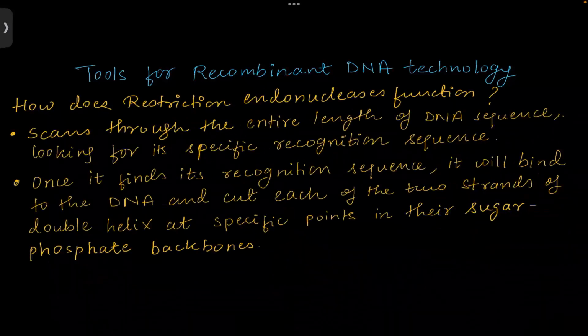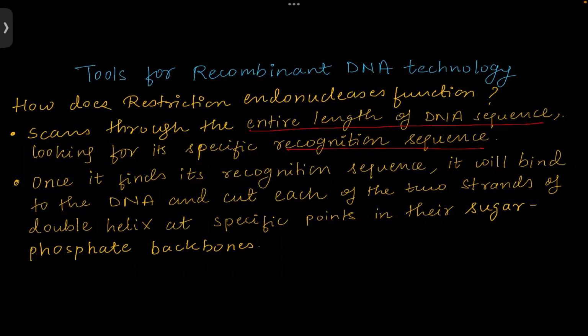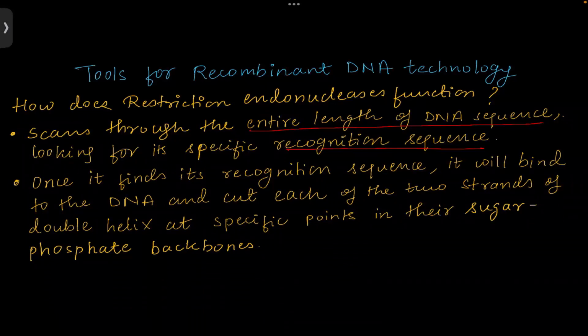Now, how do restriction endonucleases function? How do they work? First and foremost, they scan through the entire length of the DNA sequence to look for their specific recognition sequence. First, it has to find where its recognition sequence is present within the entire length of the DNA sequence.